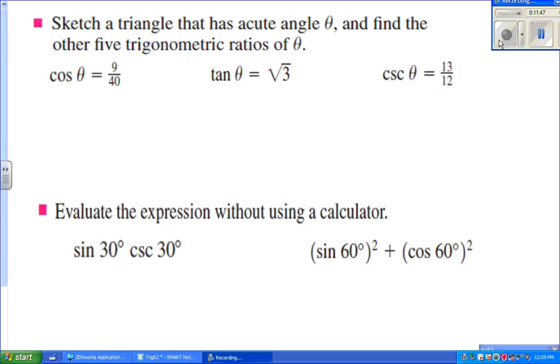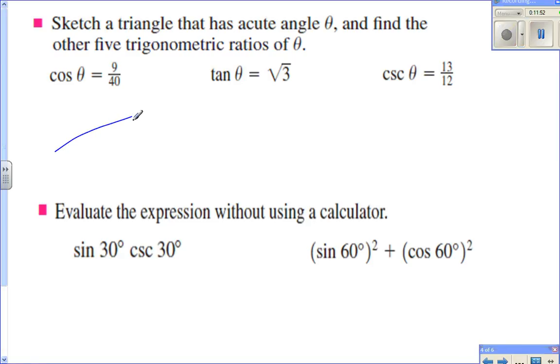Okay, so now we want to sketch a triangle that has this acute angle of theta, and then it is a right triangle. So we do know we have this 90-degree angle. We know cosine, which is adjacent over hypotenuse, so 9 over 40. And we have to express our other trig ratios.